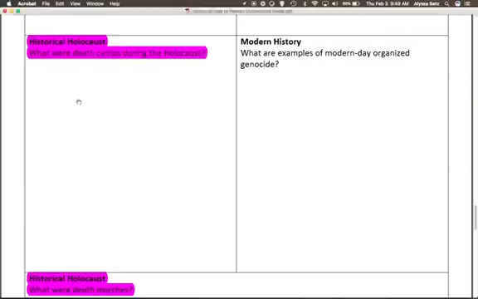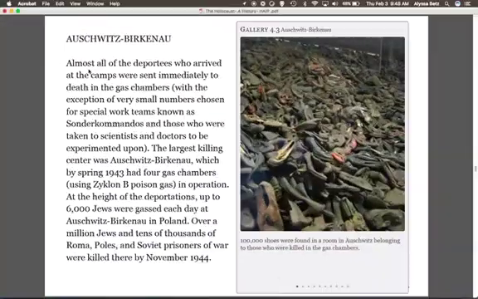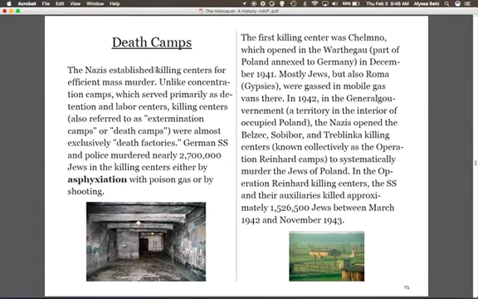So, over here, what were death camps during the Holocaust? Let's look at some information that we're going to put here. These were killing centers of efficient mass murder. We're going to put some numbers in here. These pieces you can actually copy and paste from your iBook or your PDF version over into the graphic organizer. We're going to list a couple from Poland.